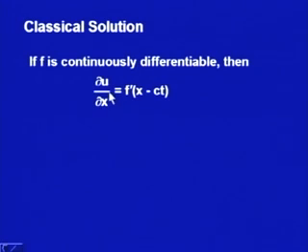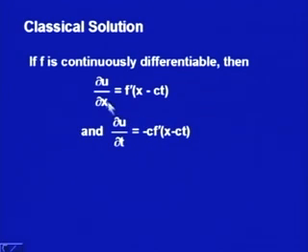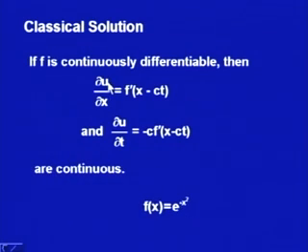It says that its partial derivatives del u over del x and del u over del t are also continuous. Then we call it a classical solution, that is, u(x,t) is equal to f(x minus ct) would be called a classical solution.